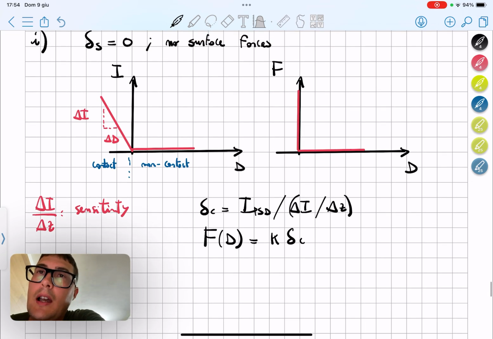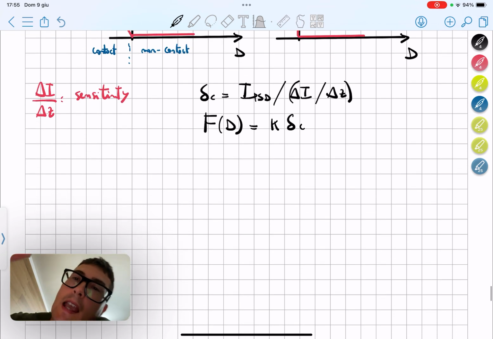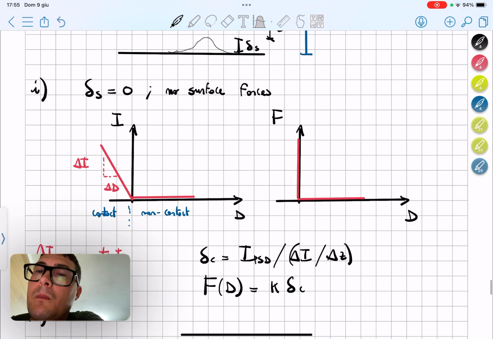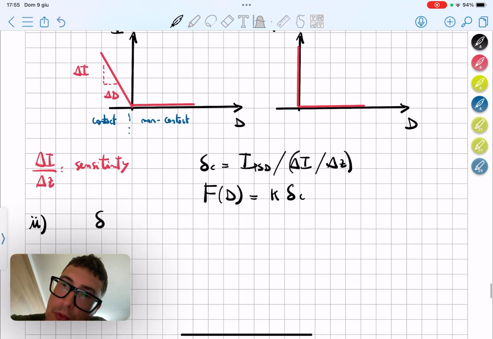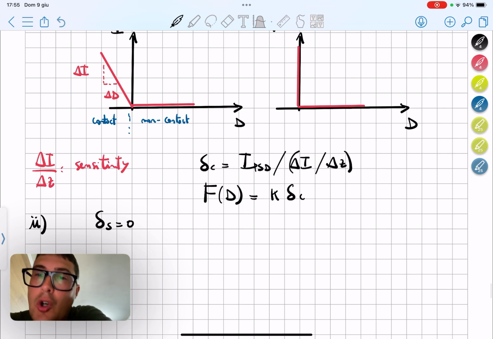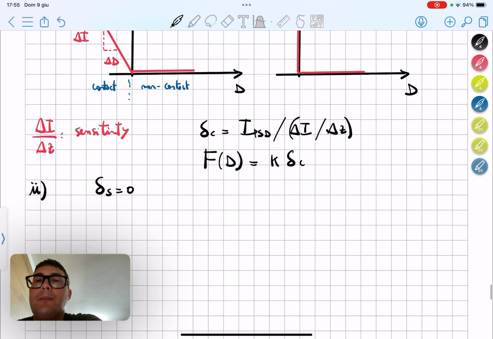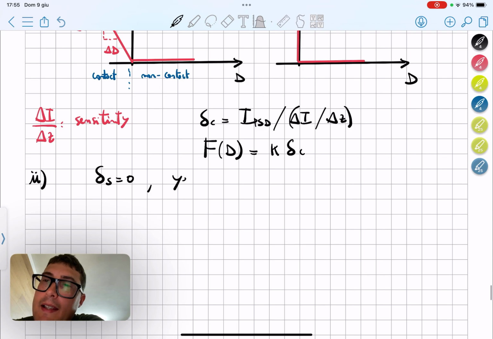So I think we can move to the second case. In the second case, we have again delta S equal to 0, so the sample is still undeformable, but there are surface forces.